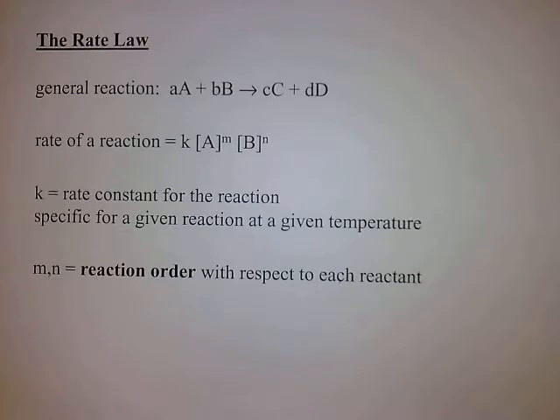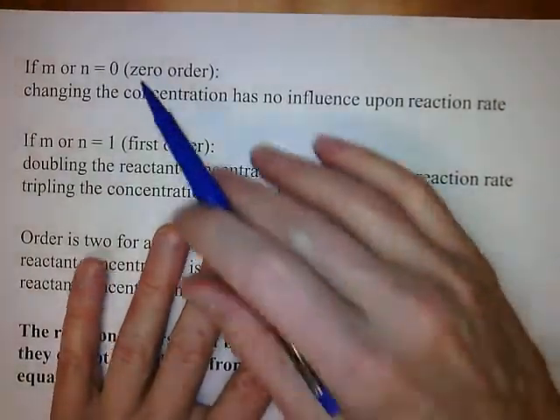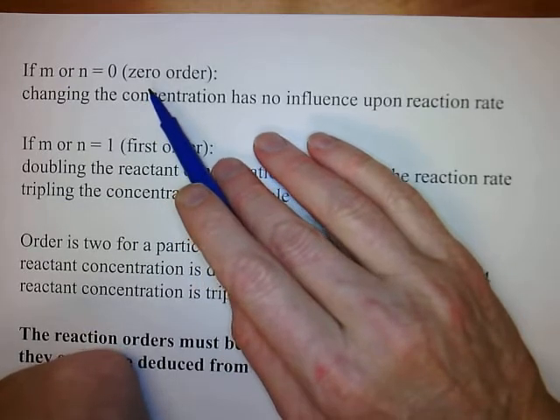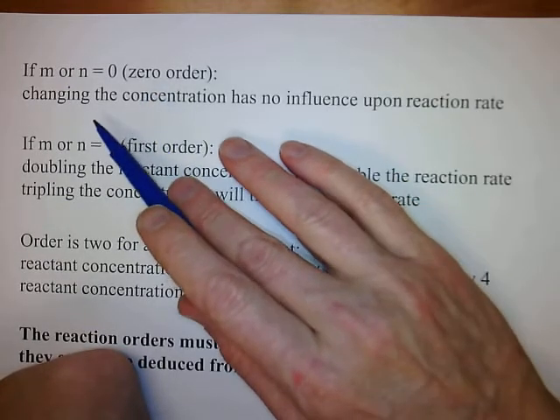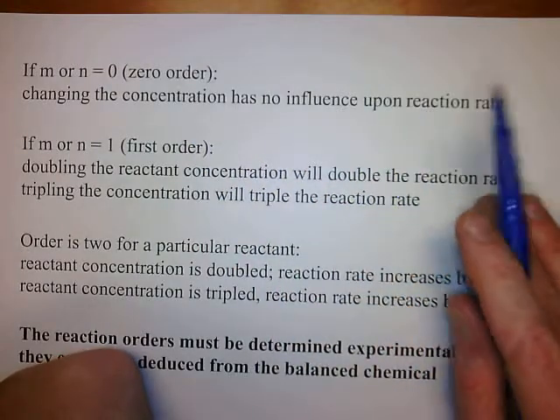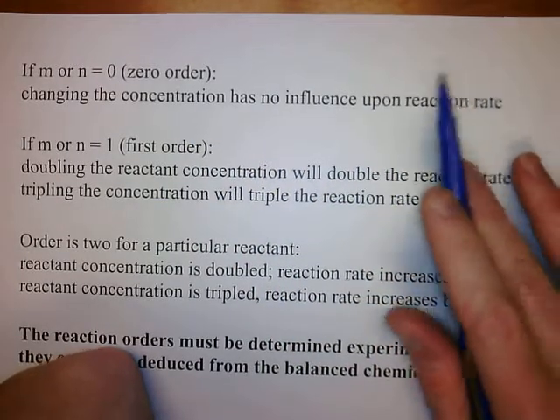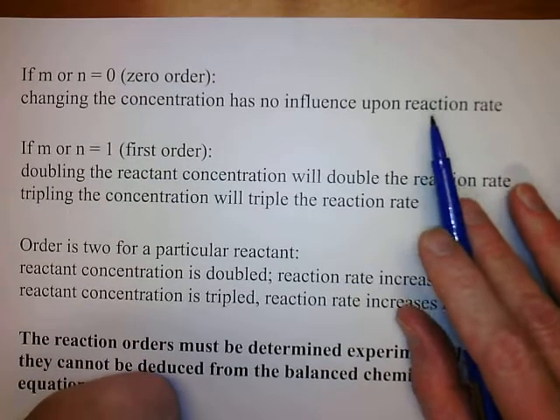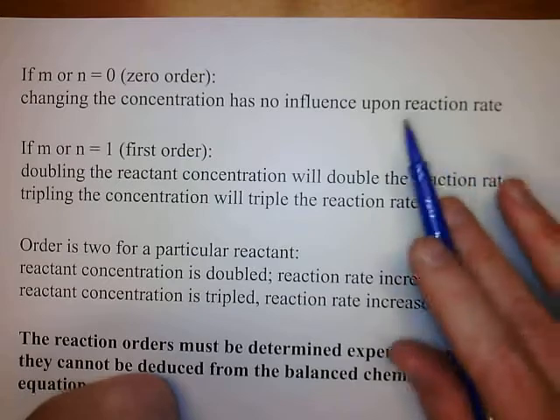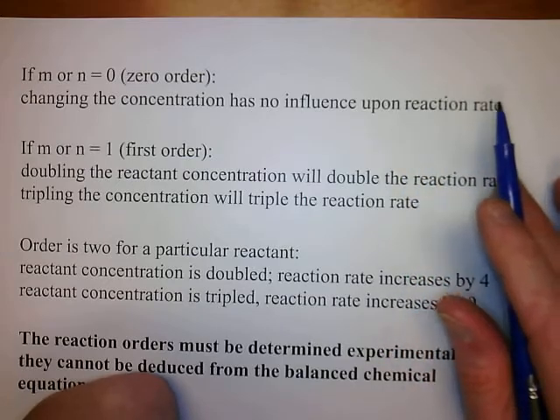So what does this mean? If M or N is 0, we have what's called a zero order reaction. And changing the concentration has no influence upon reaction rate. I know what we said earlier, just a few slides ago, that as the concentration drops, the rate slows down.